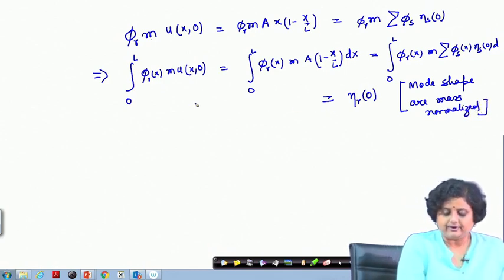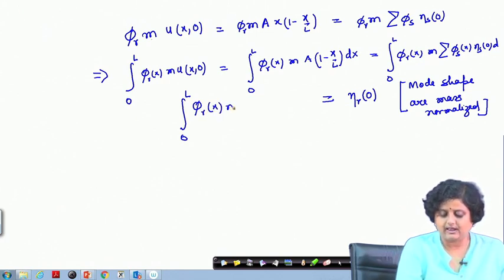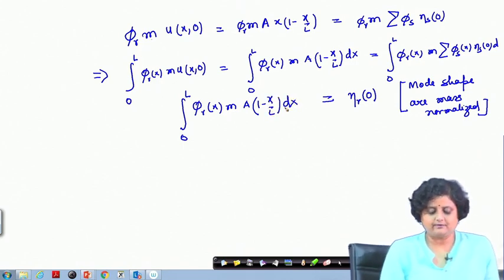So, this therefore is equal to integral 0 to L phi r x m a, and I know the value for phi r x.